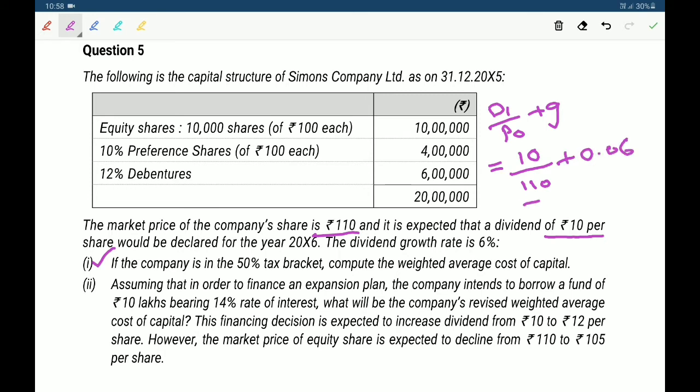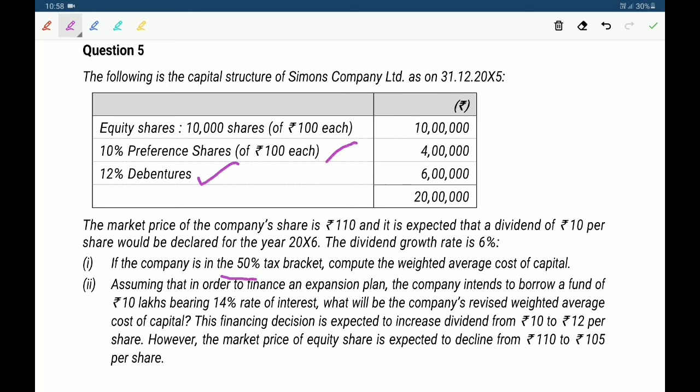So this is the cost of equity. Next, preference shares, there is no details. Debentures, 50% tax rate, that means I into 1 minus tax. That means 12 rupees into 1 minus 0.5. That means 6 rupees, that means 6% is the cost of debentures.